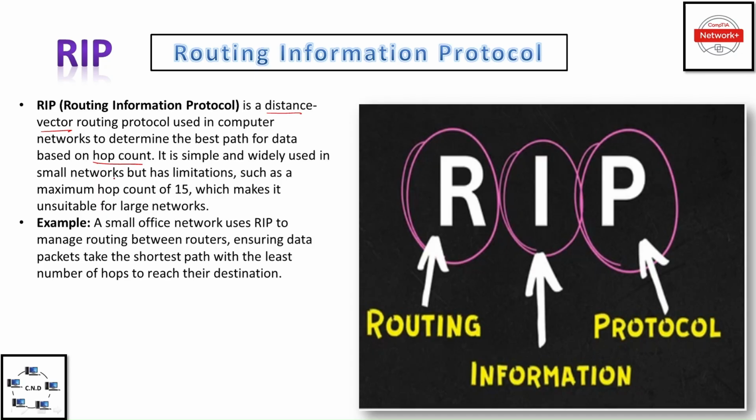It is simple and widely used in small networks but has limitations such as a maximum hop count of 15, which makes it unsuitable for large networks. For example, a small office network uses RIP to manage routing between routers, ensuring data packets take the shortest path with the least number of hops to reach their destination.